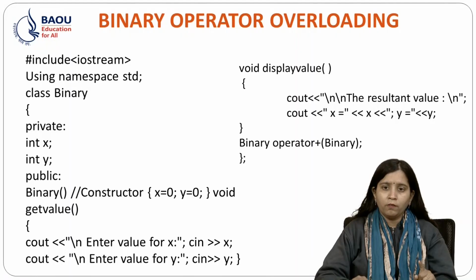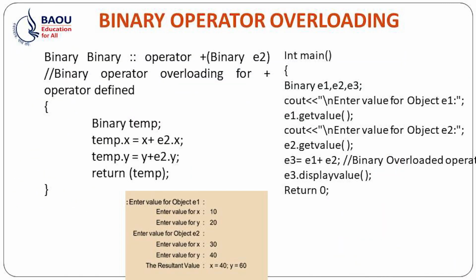So I declare Binary, which is my class name and also my return type, then the scope resolution operator, then operator plus with a Binary e2 operand. Here binary operator overloading for the plus operator is defined.